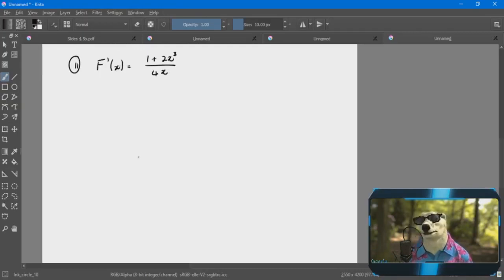All right, again, you are welcome to try and reverse engineer the quotient rule. It will not go well at all, which means I need to do something else. I need to see how I can simplify this. Well, this is 1 over 4x plus 2x cubed over 4x. I can simplify that further to 1 over 4 times x to the negative 1 plus 1/2 x squared.